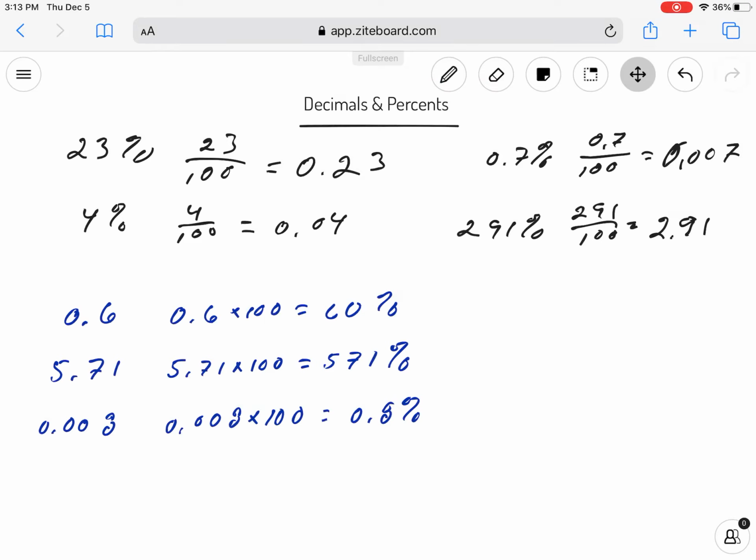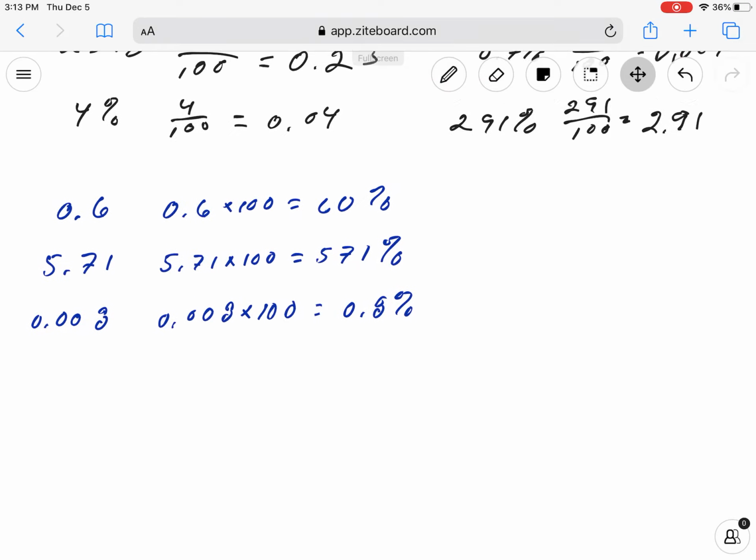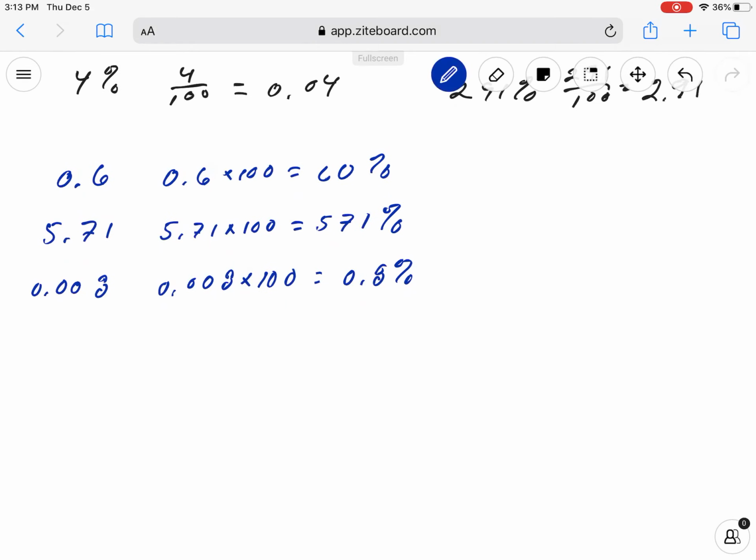A little bit more of a challenge, simply because it brings in another step, is to go from a fraction to a percent. So in this case, I want to do a percentage or a proportion.